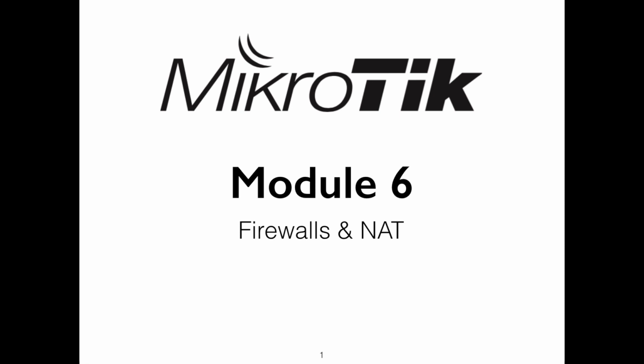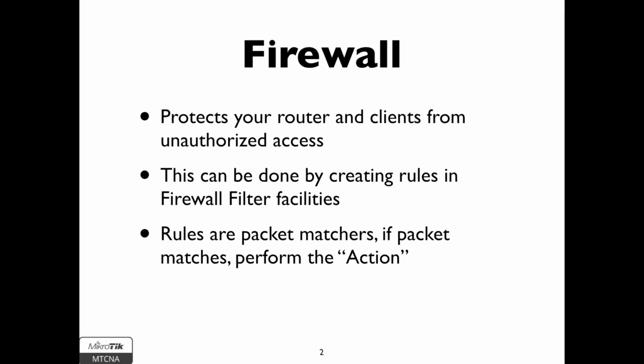So first of all, what is the purpose of a firewall? Firewalls have multiple purposes, but the first and probably most important purpose is to protect the router itself. And then secondary to that is that firewalls provide the ability to protect your clients from unauthorized access.